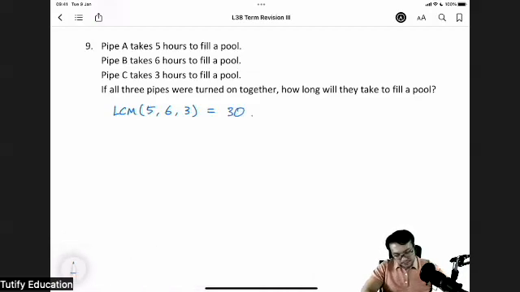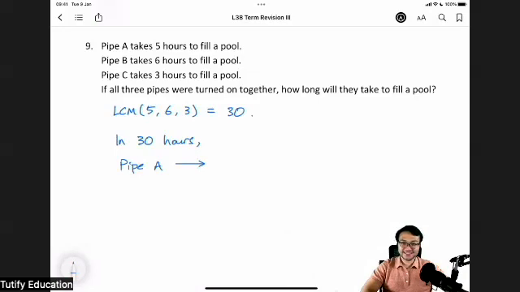Now that we found the LCM, I'm going to say in 30 hours, how many swimming pools can pipe A fill? Can you tell me? Maximus, you got it.